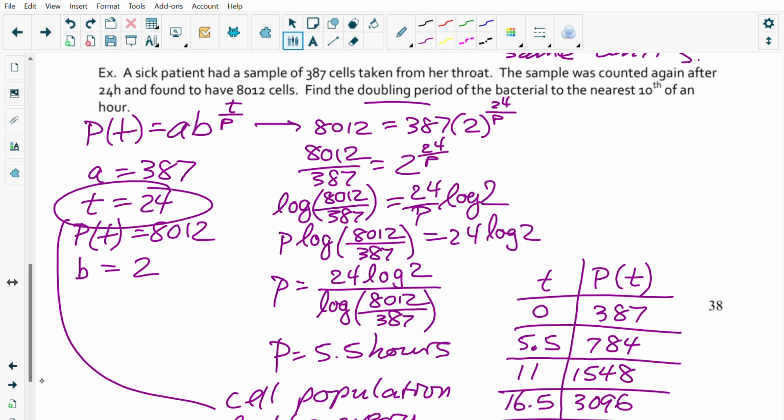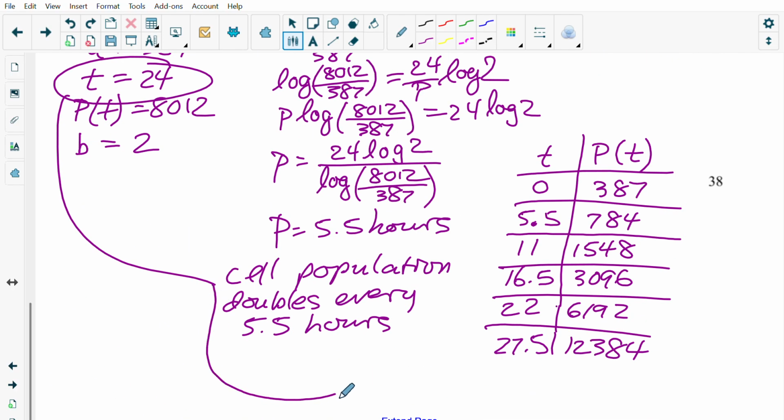Well, we said 24 hours, we get 8,012 cells. And it's right in between that value right there.